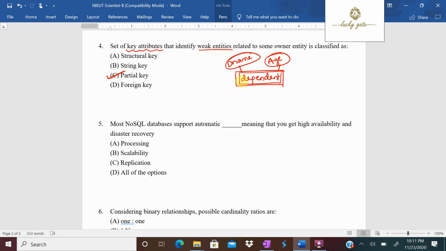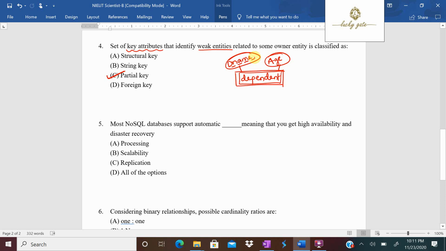So this weak entity set always takes the help of one of the strong entities in participation, which we call the owner entity set. One of the attributes of the weak entity set, along with the key of the owner entity set, will be used as a key for the weak entity set to determine each weak entity uniquely. That attribute we call a partial key. That partial key is represented with an attribute with a dotted underline.